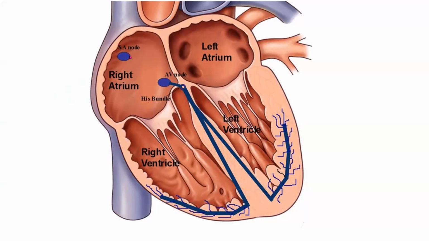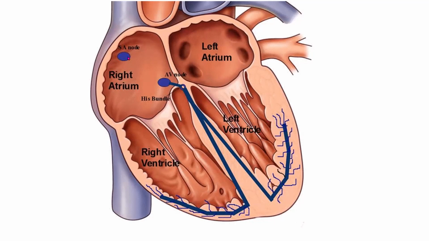Now here's the SA node, sinoatrial node, and the atrioventricular node here. The SA node makes sure that the two chambers contract simultaneously. The AV node gets a signal from the SA node, but it's a delayed signal. It can't have all four chambers contracting simultaneously.